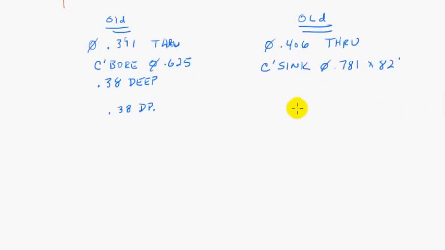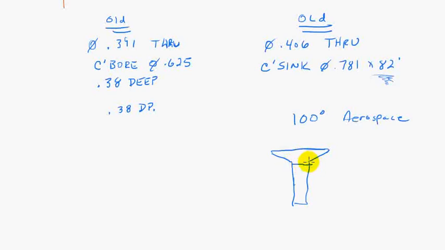Just to mention with countersinks, the common angles are 82 degrees for industrial, and you'll see 100 degrees for most aerospace applications. Okay, and all that means is that your included angle is wider, and that's because in aerospace they're trying to get more surface area under the head, and often also putting these fasteners in thinner materials, right?